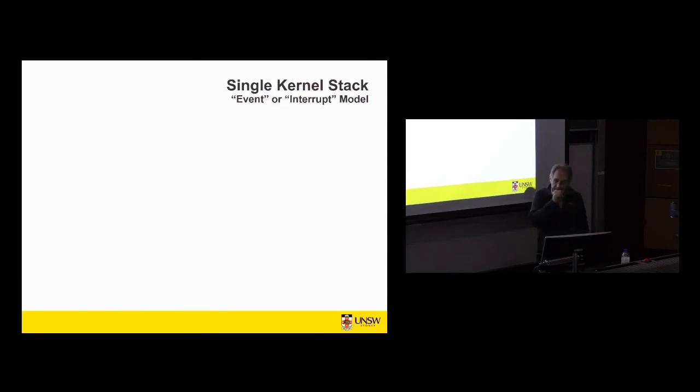So let's have a look at the single kernel stack model, which is the event-based model as I've called it, but sometimes this is called the interrupt model, because largely they've called things that trigger the need for the operating system to react an interrupt. You could call it an exception-based model as well, but let's call it an event-based model just to be consistent.